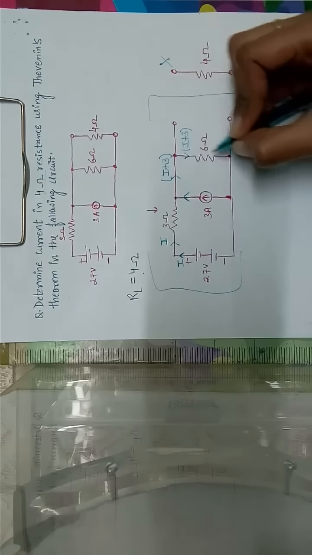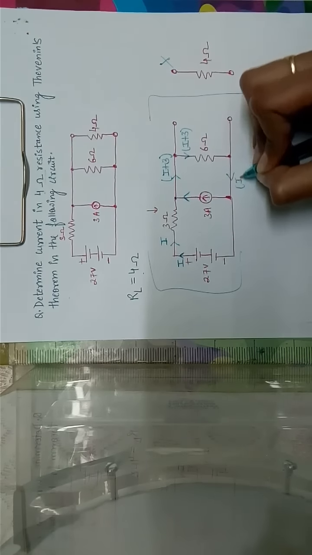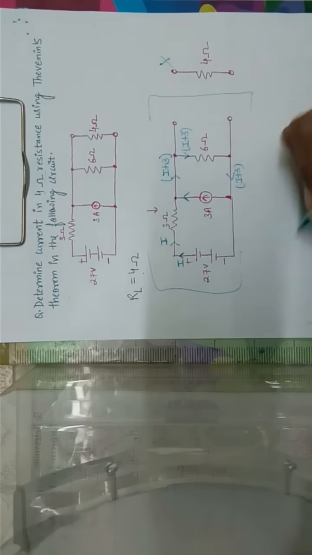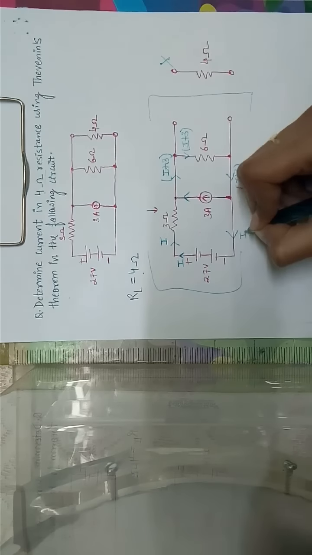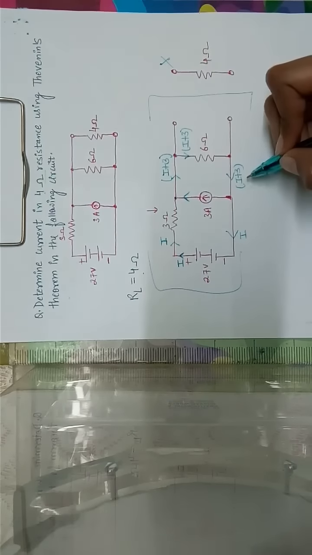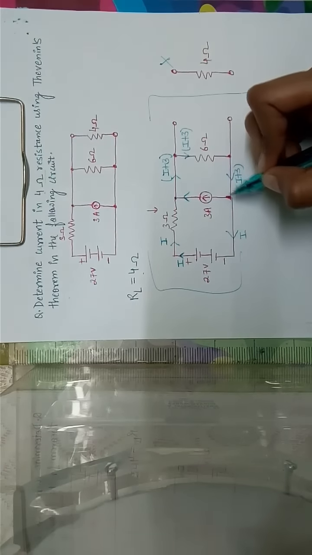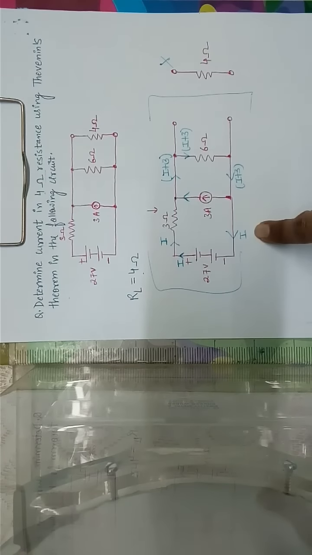Now again, as this current flows, it will not go in this, so it will flow in this direction, and that's how we have determined the current in each branch. Over here it will be I, because I plus 3 then minus 3, opposite direction, so we get on a whole this as a current.